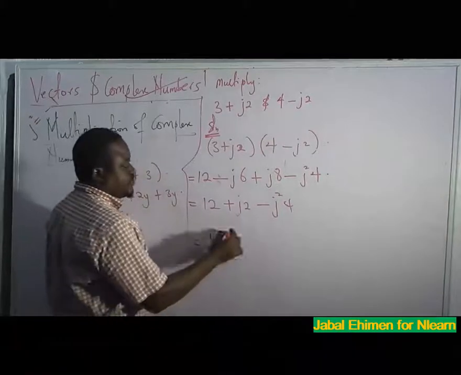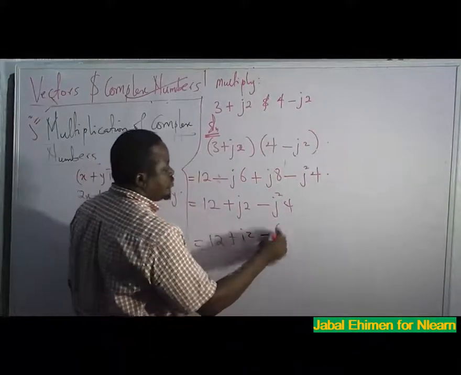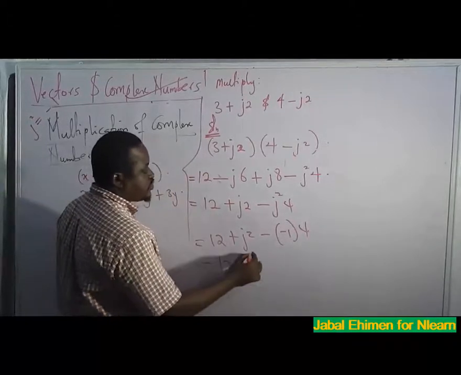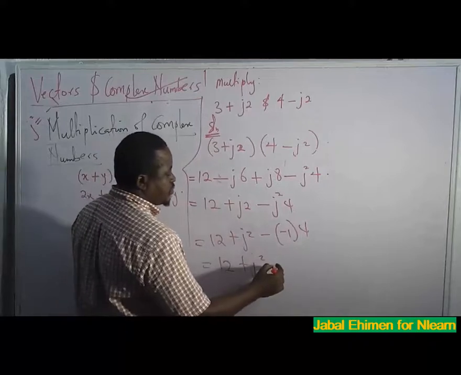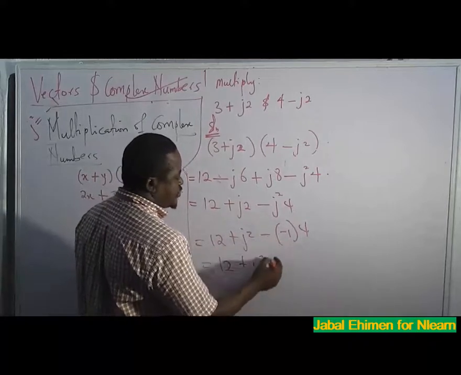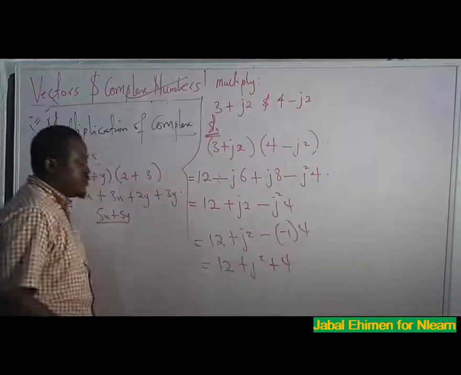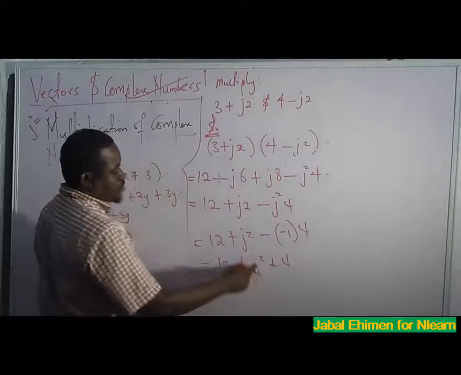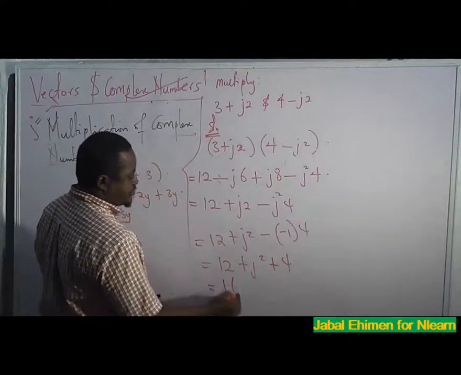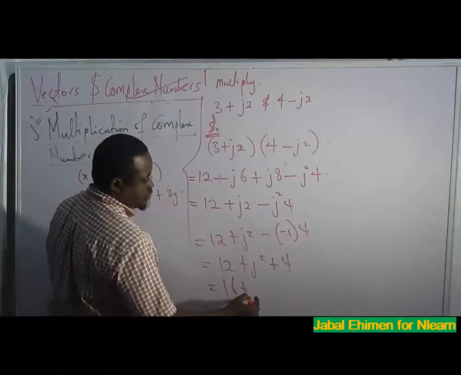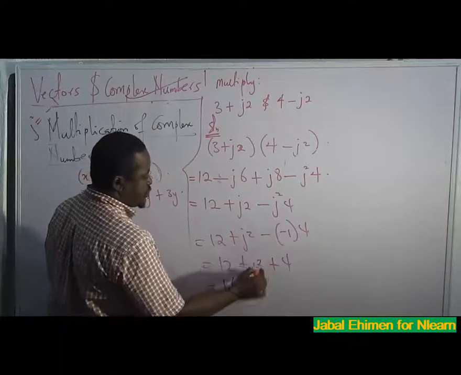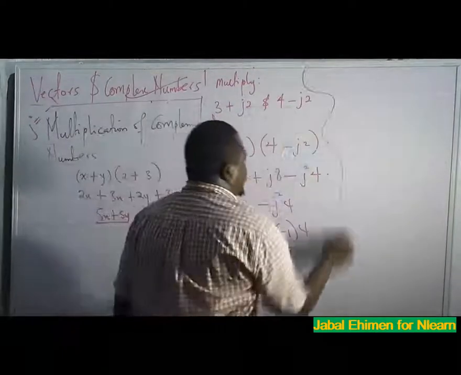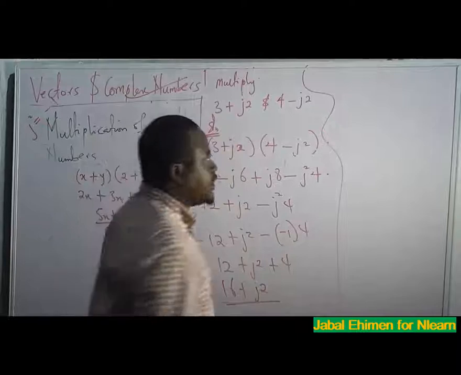So that will give us 12 plus J2 minus 1 times 4. Minus times minus is plus. So that will become plus 4. 1 times 4 is 4. So if you add these two together, that will give us 4 plus 12, that will give us 16 plus J2.